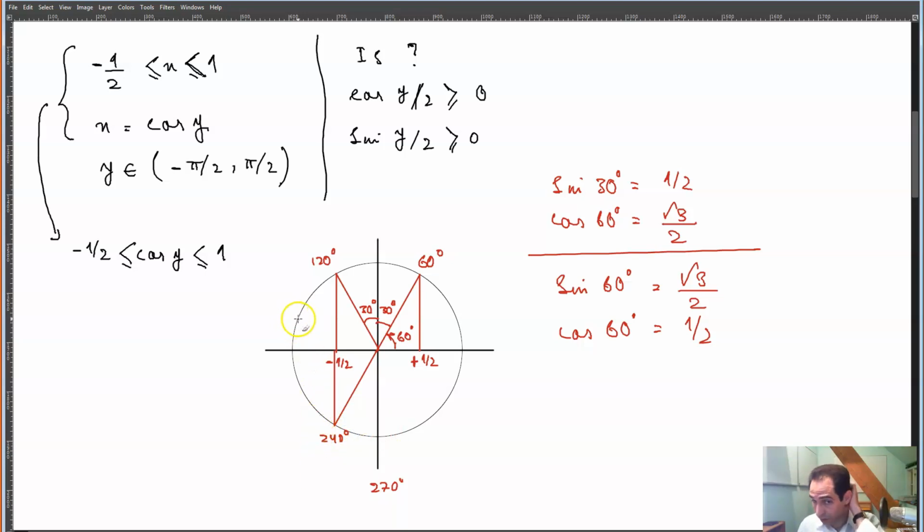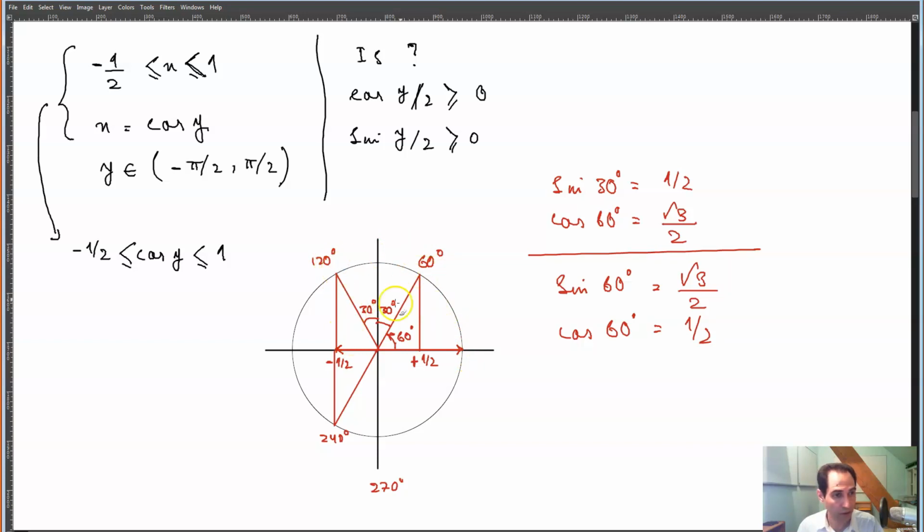So that means that for the value of cos to be between negative 1/2 and 1, I can go from 0 to this angle.